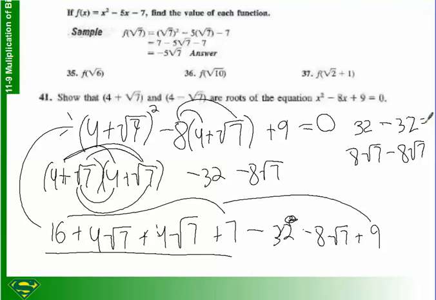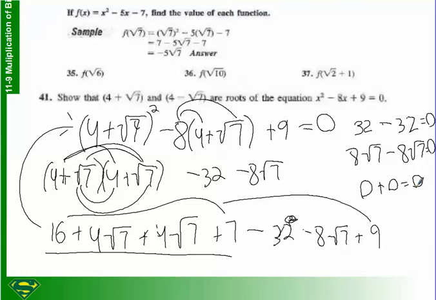So this is equal to 0, and this is equal to 0. So in parentheses 4 plus the square root of 7 is equal to 0, and that's proved right here, because 0 plus 0 is equal to 0.